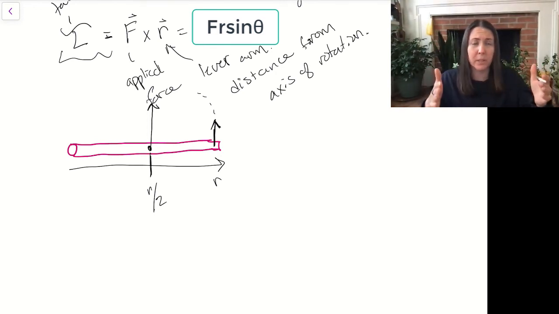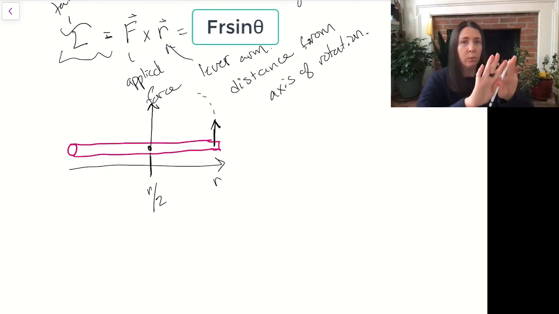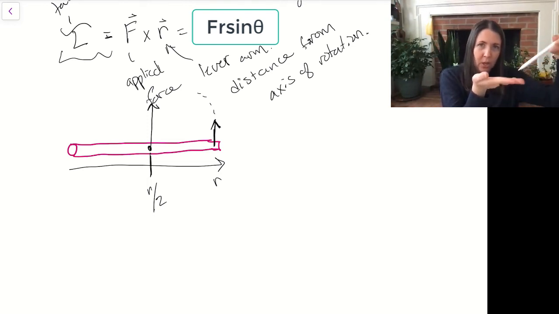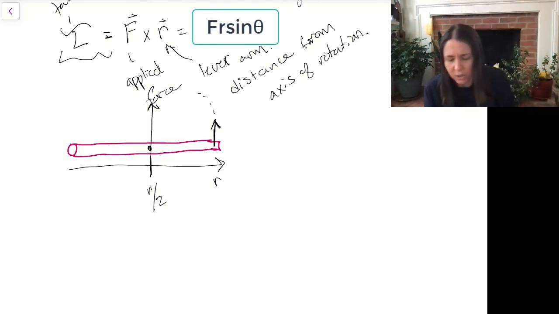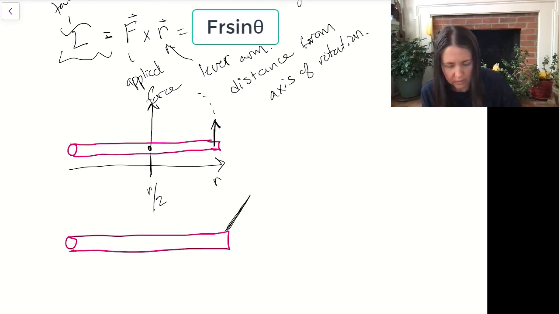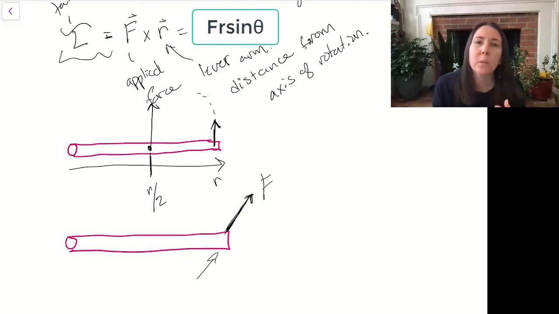Now think about opening a door, but instead of pushing straight on, we push on it at an angle. If I'm pushing at an angle on this door, like this, I'm going to have to push harder than if I pushed straight at the door. So this is where this angle comes into play.